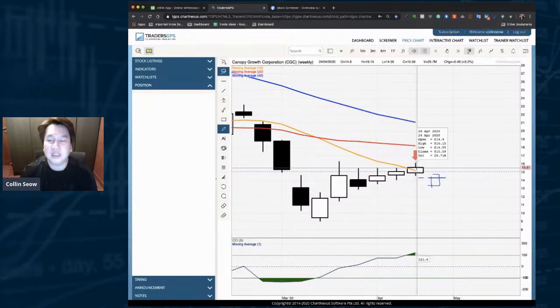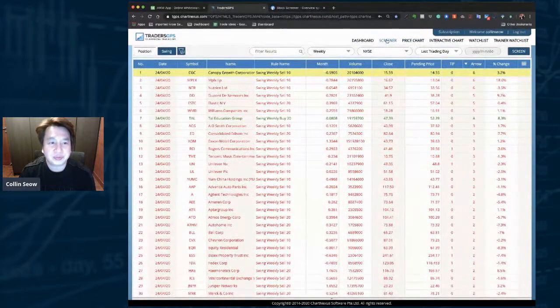So you must wait for it to go down below 1455, 0.2% below 1455. That will be your trigger to short. Yes or no? You understand? Type yes.